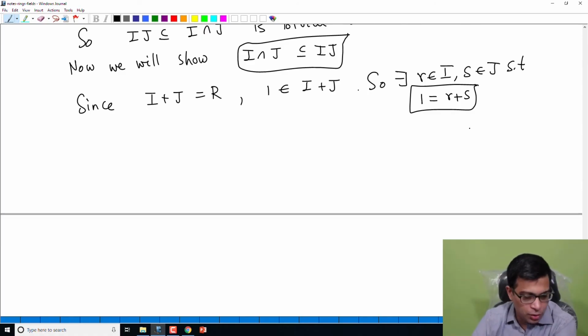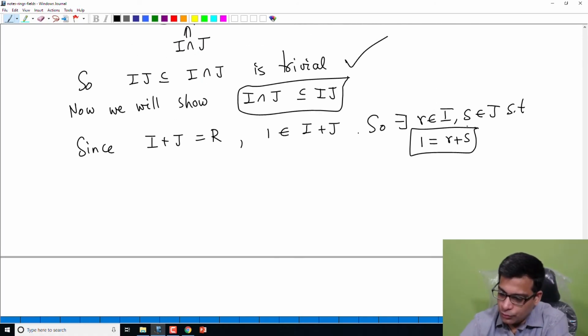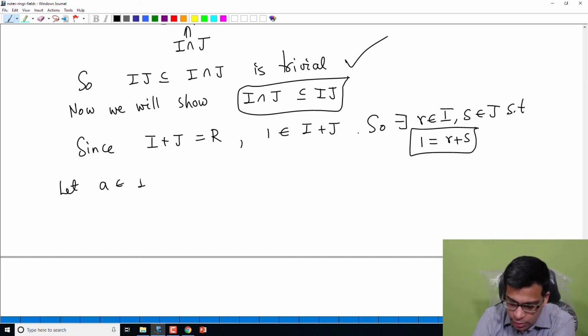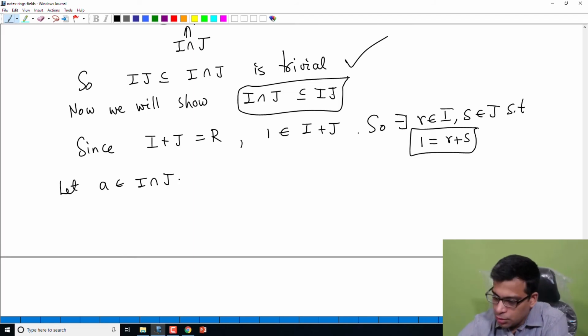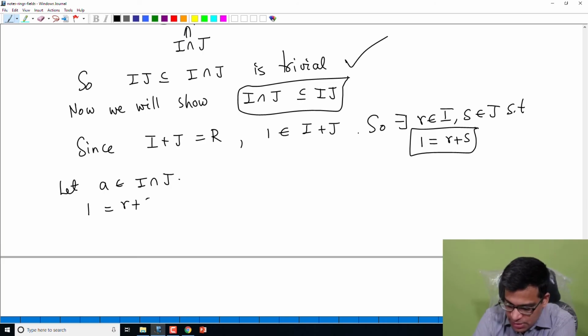Okay. So now I am trying to show that I intersection J is contained in IJ. So let us choose an element a in I intersection J. We will eventually show that a is in IJ.